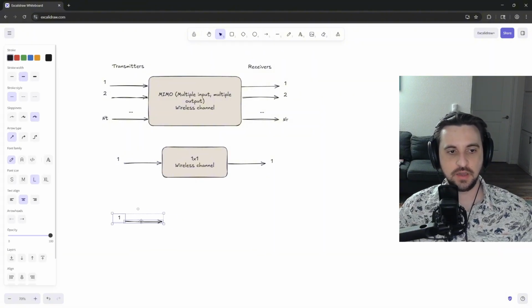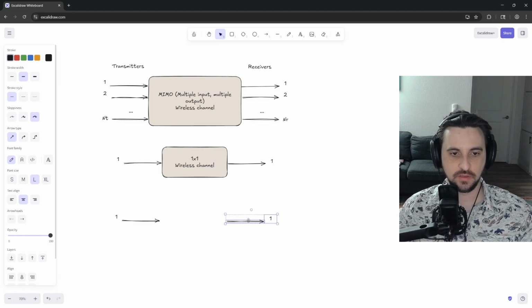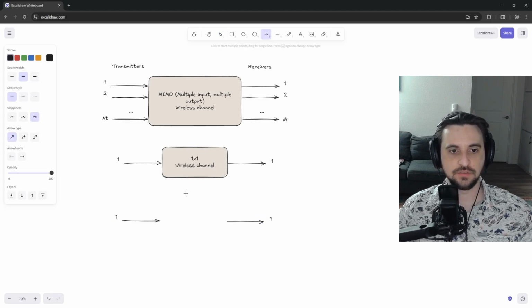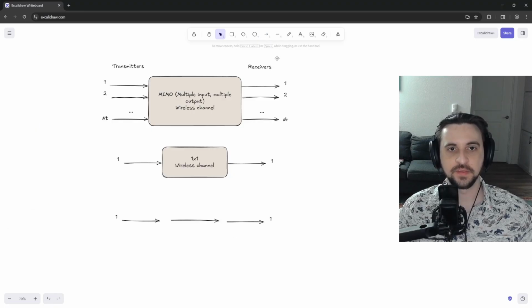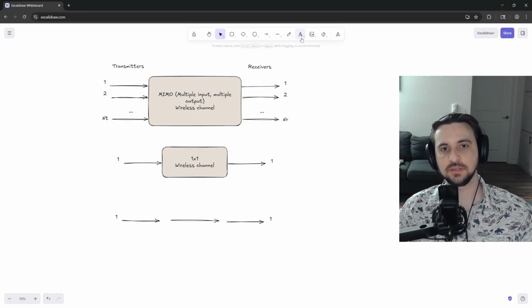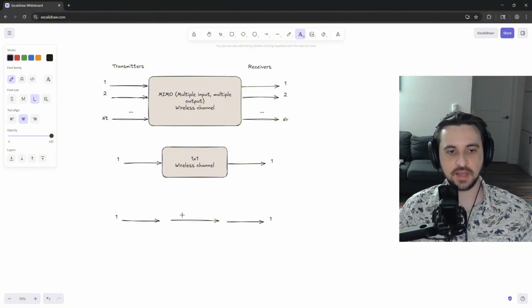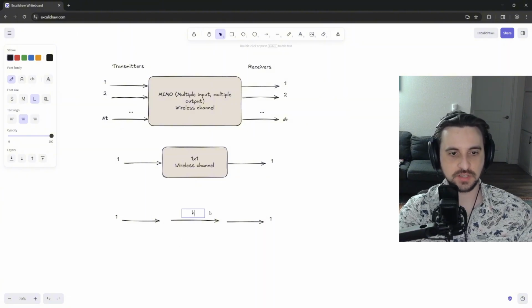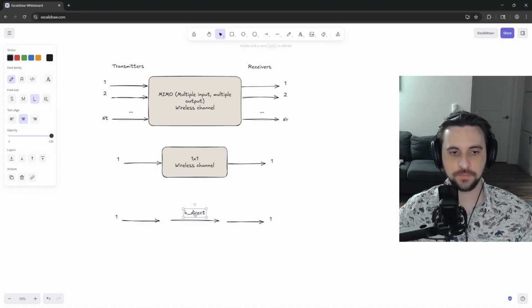Because if we have this transmitter and this receiver, there's sort of a direct signal path between them, okay? And now what happens, even this has a coefficient, right? So we can call this H direct, okay?